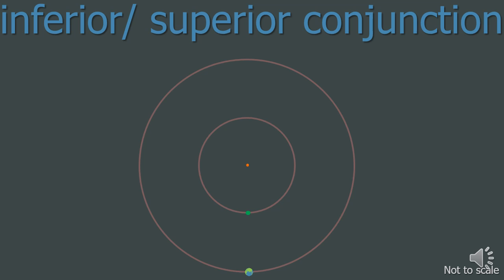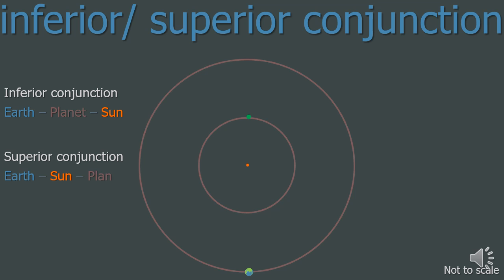To be in superior conjunction, the inferior planet has to be on the other side of the orbit, so it goes Earth, Sun, planet, which means the inferior planet will be here. So with inferior conjunction, we have Earth, planet, Sun. With superior conjunction, we have Earth, Sun, planet.